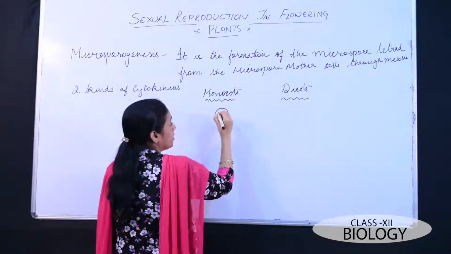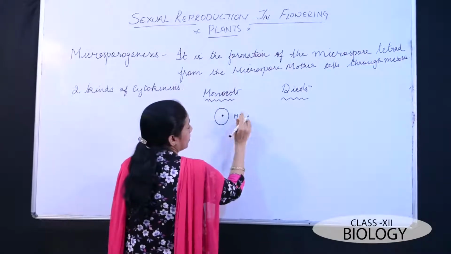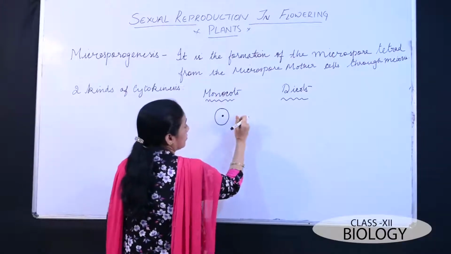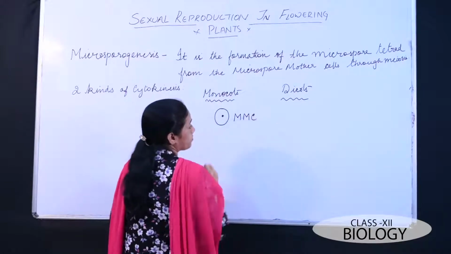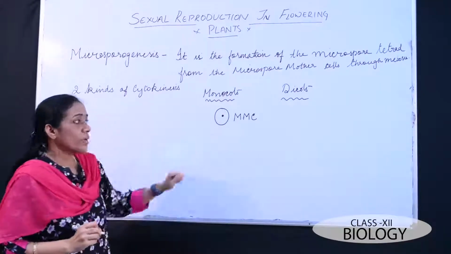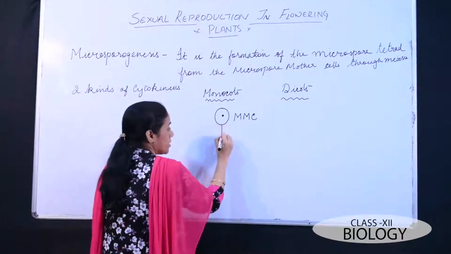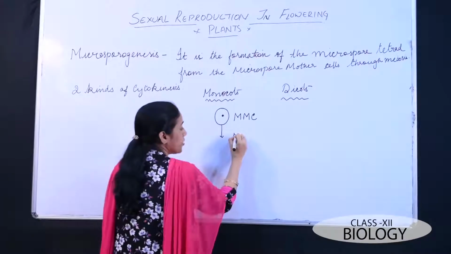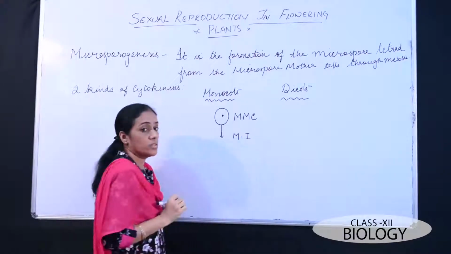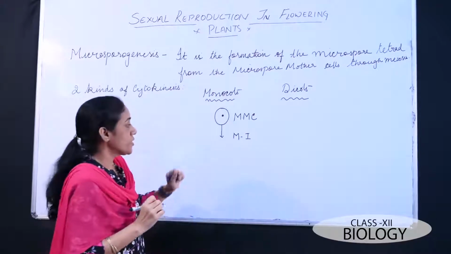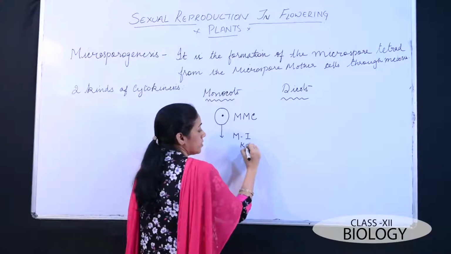Now let's start with the microspore mother cell. Now this microspore mother cell, when it undergoes the very first division, that is meiosis 1, the first step that is going to take place is karyokinesis.